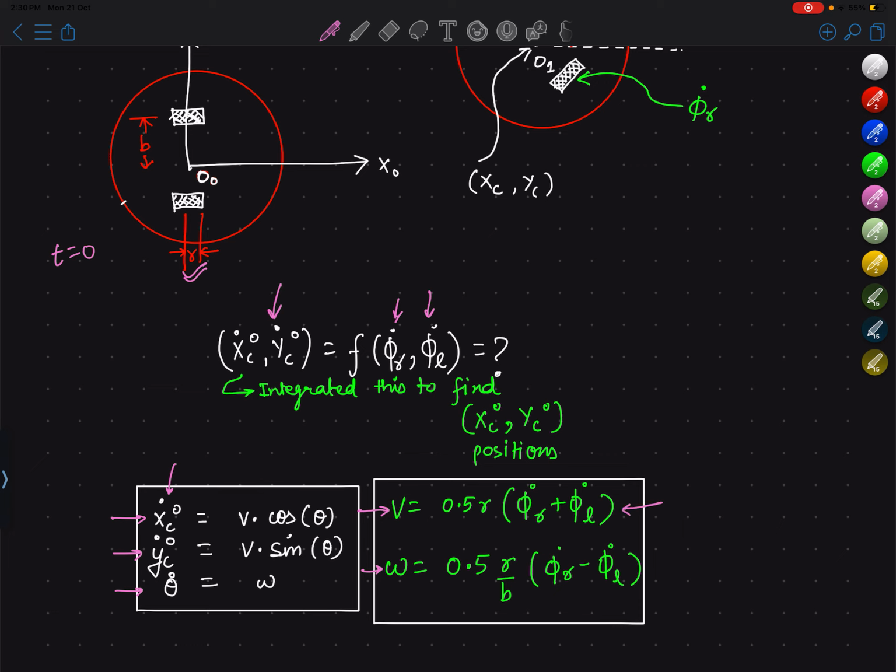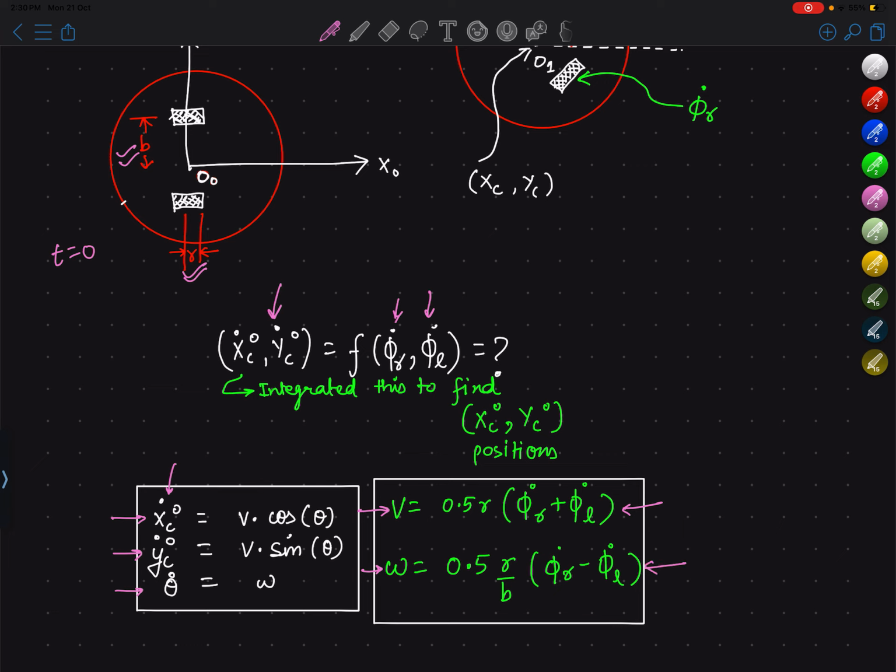These are the angular velocities of the right and left wheels respectively. And omega is given by 0.5 times r divided by b, where b is the distance of the wheel base from the center of the robot, multiplied by phi r dot minus phi l dot.